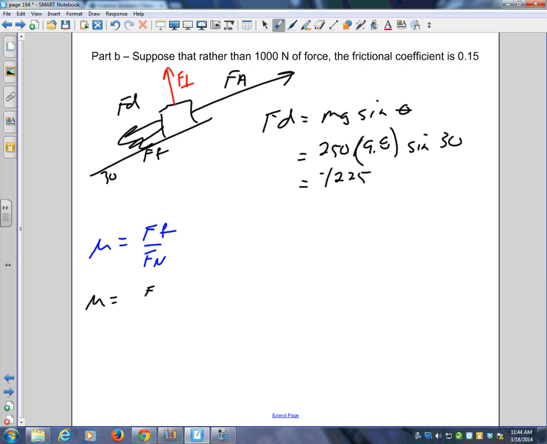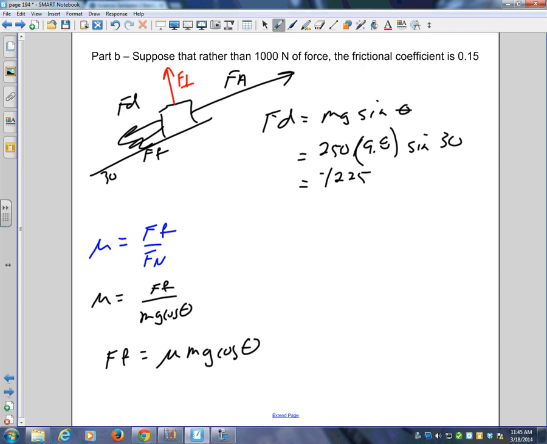It's mg cos theta, right? So when I isolate the FF, the friction force is going to be mu mg cos theta.